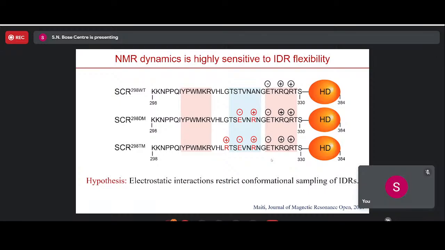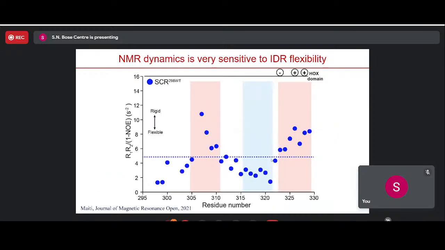And then we went back and did the same NMR experiment. This is for the wild type. The rigidity is plotted here for each residue. I'm showing only the disordered part. For the first mutation, where we introduce these two charges, they are shown in red. You can see exactly where we introduce the mutation, it goes up.